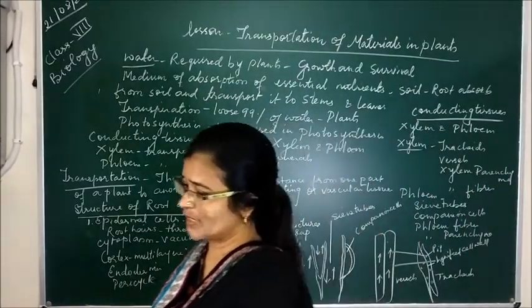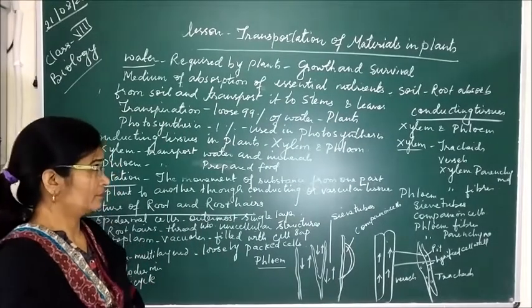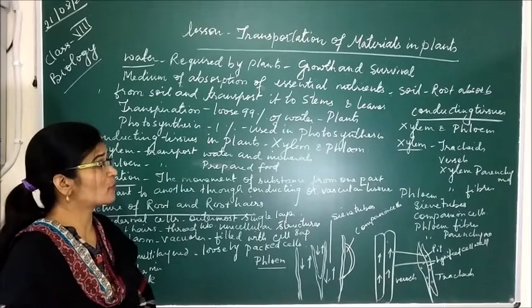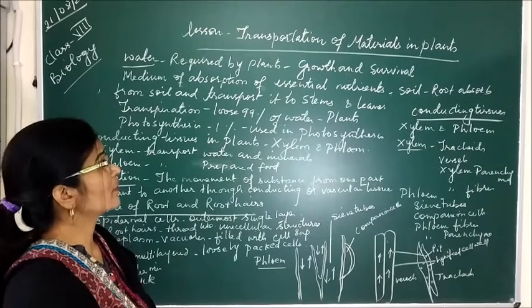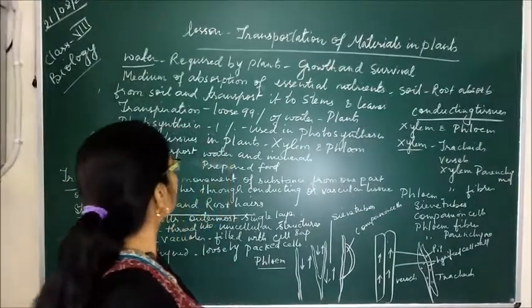And in this chapter we have to study how the materials which are required for the plants are transported to different parts. And the main source of transportation is the root.